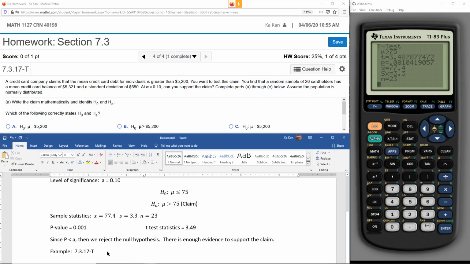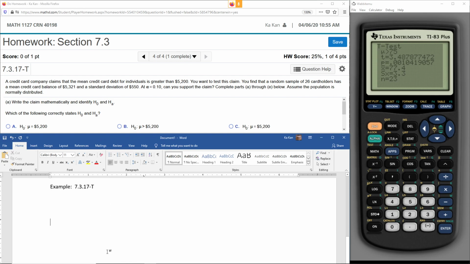Actually, I can't. So let me just do this. For this example, a credit card company claims that the mean credit card debt is greater than 5,200. So the contest here is either bigger than 5,200 or less than or equal to.